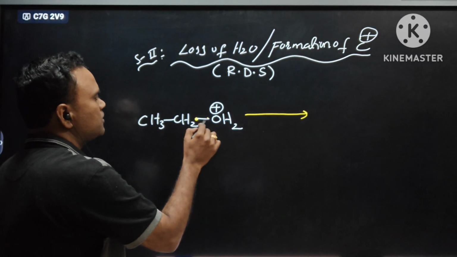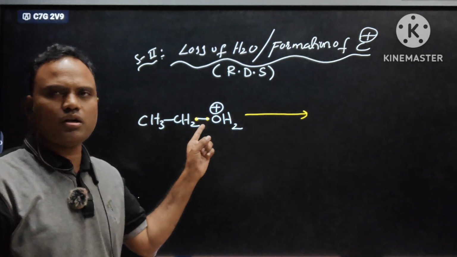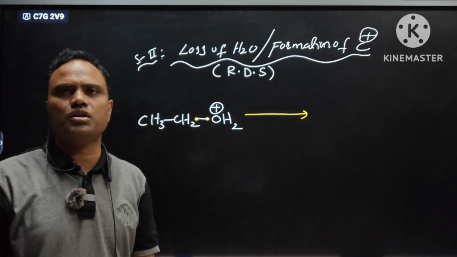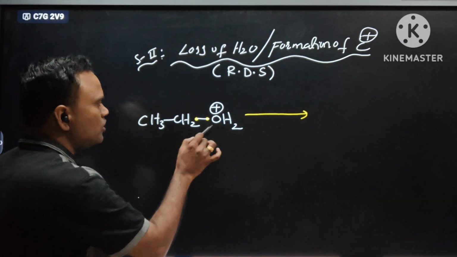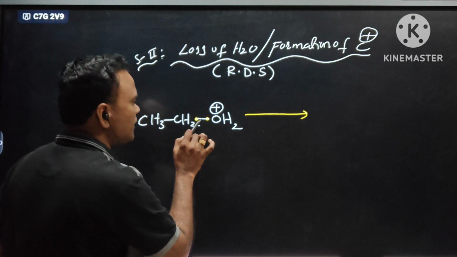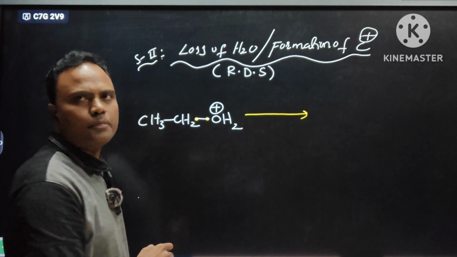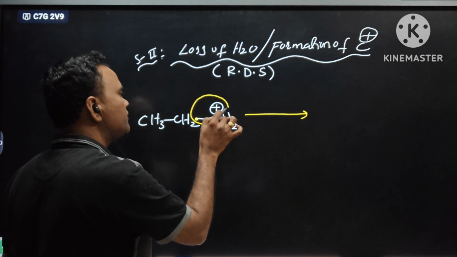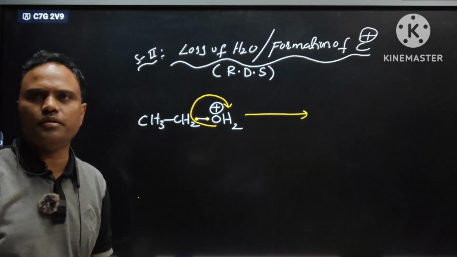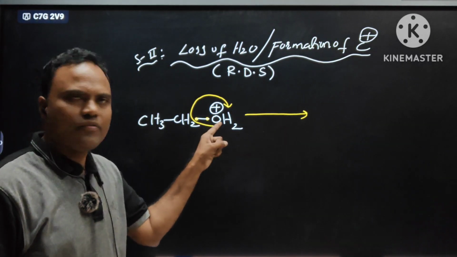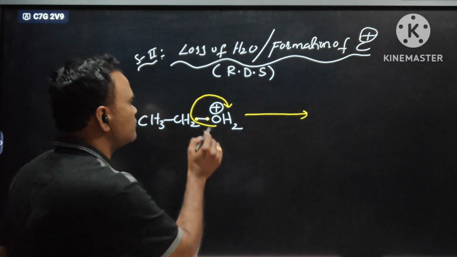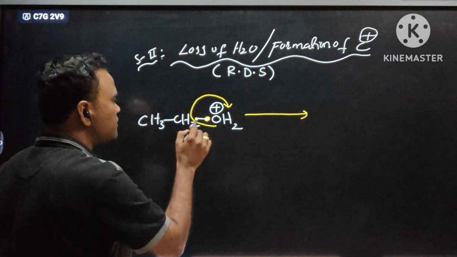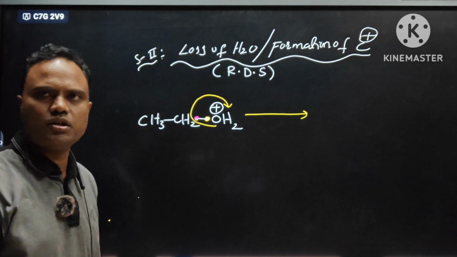So they try to remove the positive charge over them. Look at this. In this bond, two electrons are present. But here oxygen is having positive charge. It is highly unstable. So what will oxygen do? Oxygen takes these two bond pair of electrons along with it, and is eliminated as water. This pink dot represents the electron of carbon, and the yellow one belongs to oxygen.